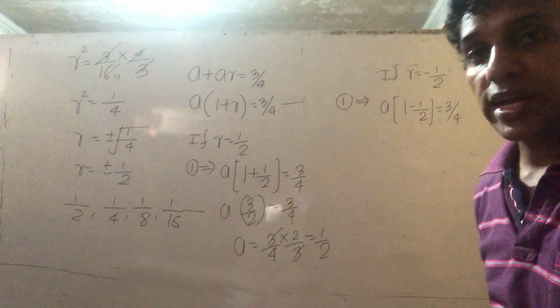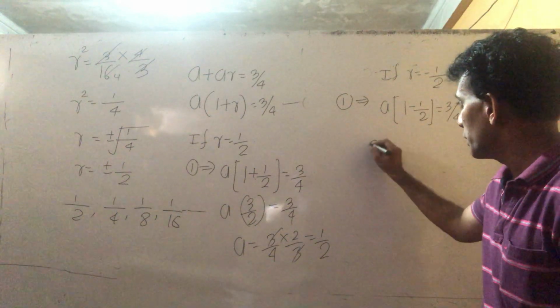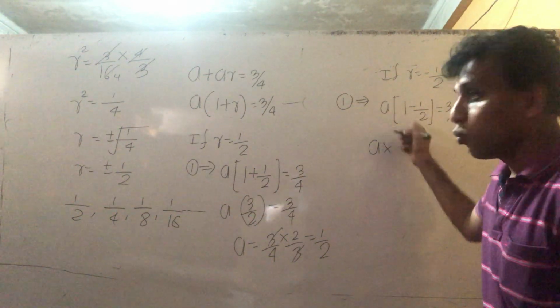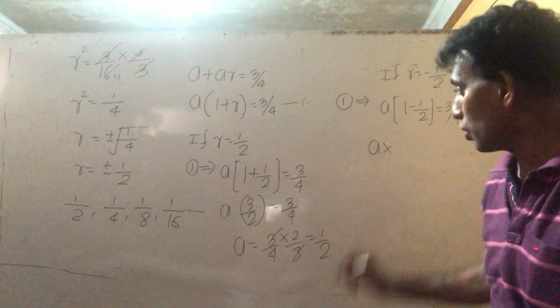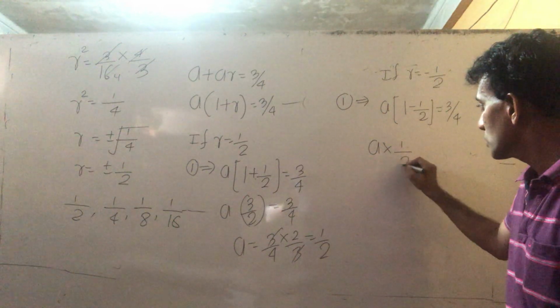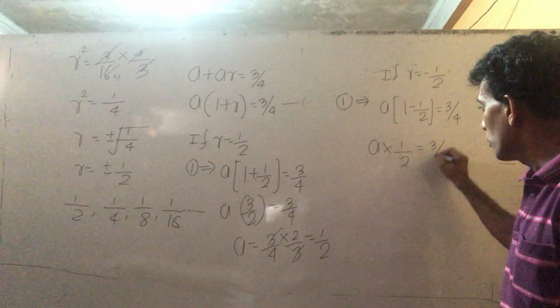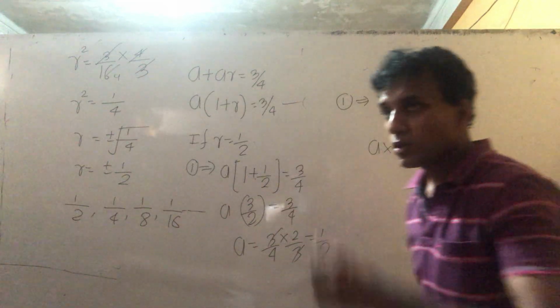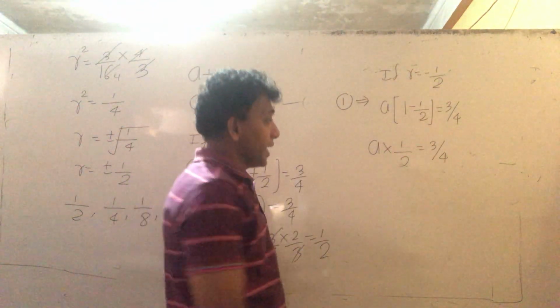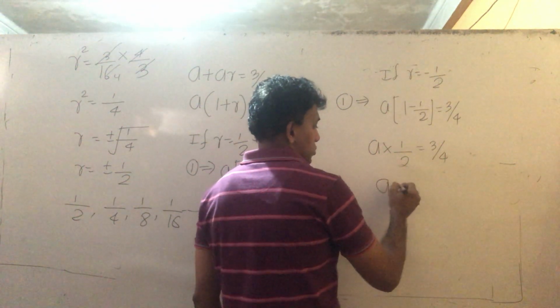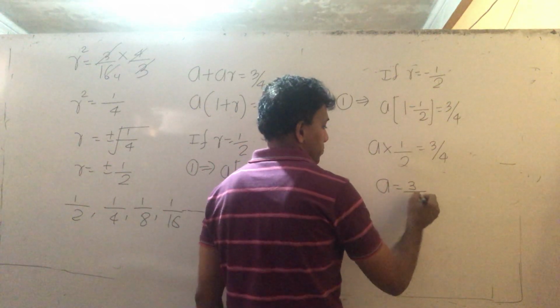Now simplify to find the first term here. A into 1 minus half, which is half, equals 3 over 4. So A into half is 3 over 4.